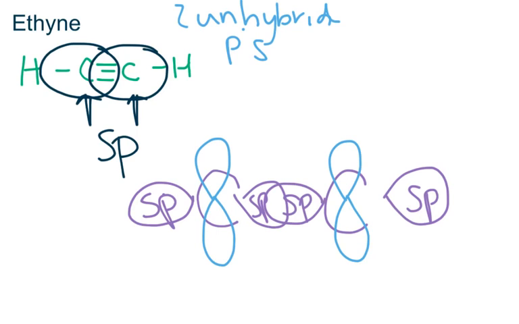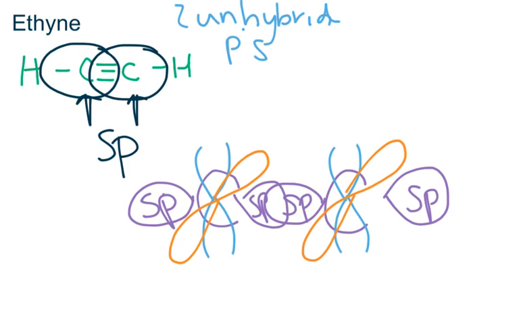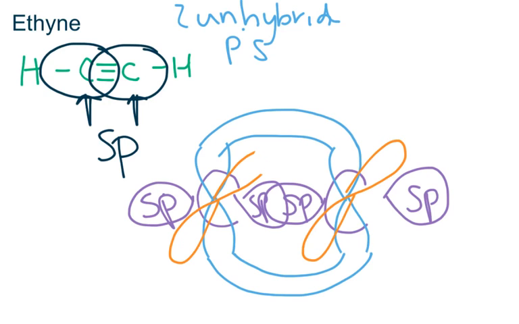They're going off at an angle a little bit. These unhybridized p orbitals are still going to overlap. The orbitals in the same direction are going to overlap with the orbitals in the same direction. So the ones I drew along the y-axis, the blue, they're going to overlap. And then the ones I drew in orange are technically in the z direction, but since this is a two-dimensional drawing, it's kind of hard to draw that. So this overlaps and this overlaps.